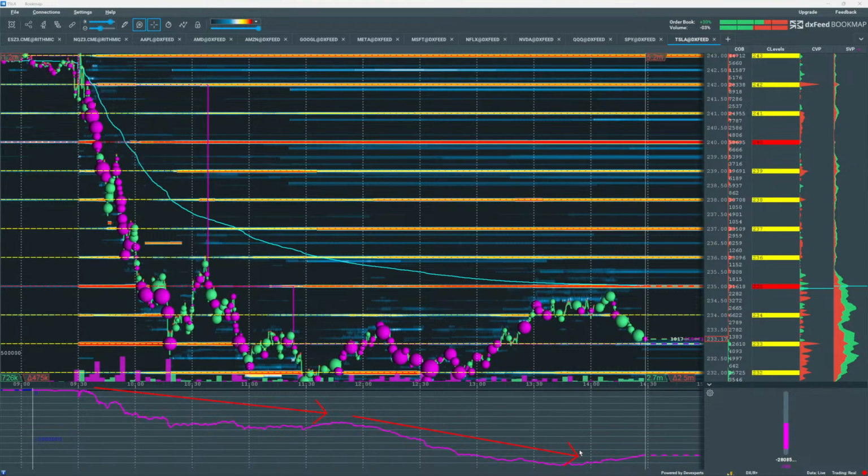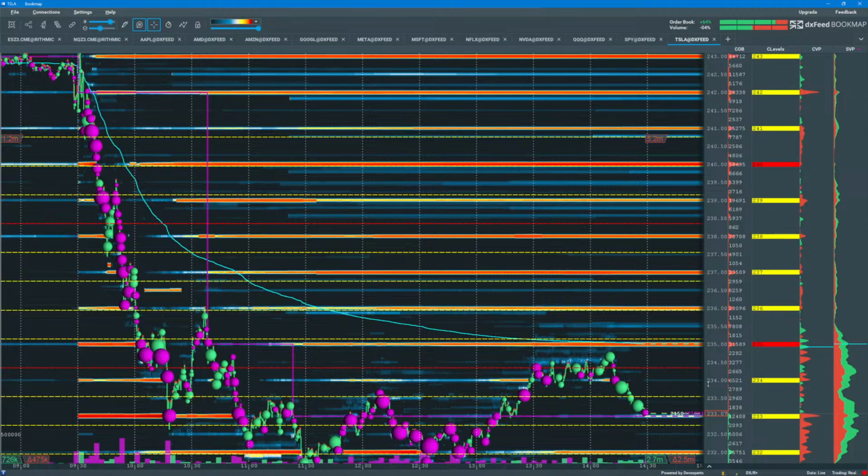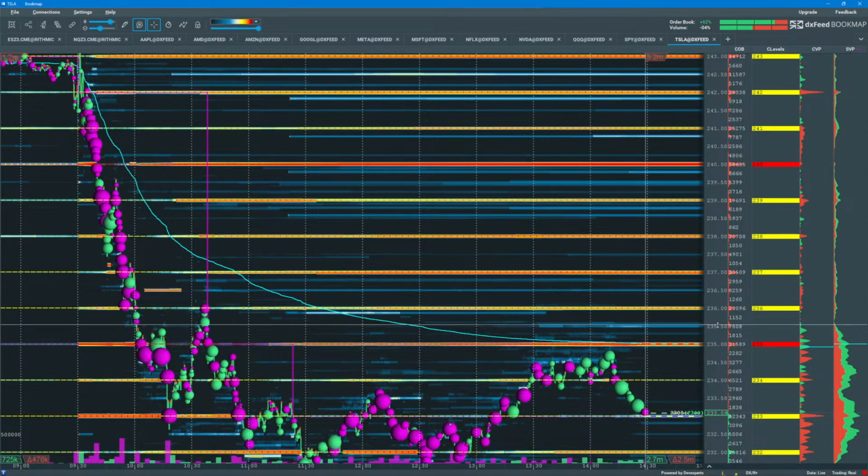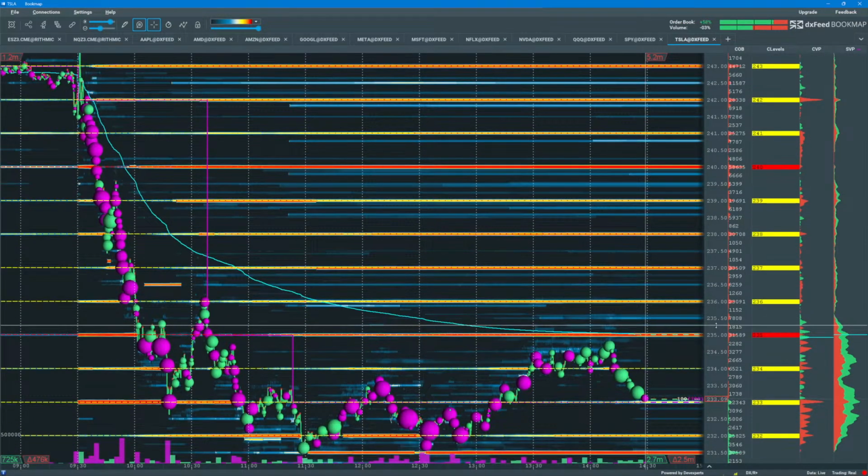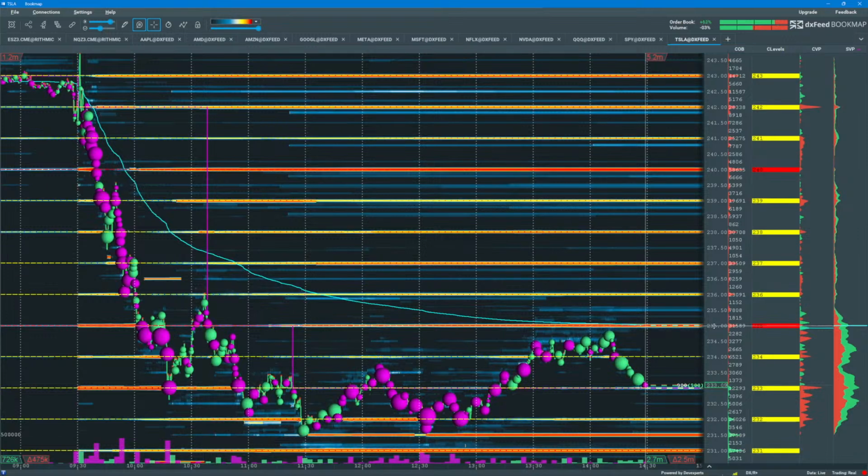Pink line indicates cumulative volume delta for the day is negative. Or magenta line in the subchart there. So it looks like Tesla may be finding some support right around 232.